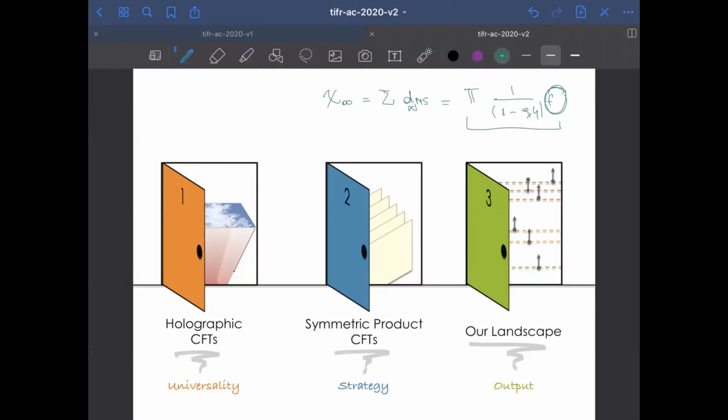So let's say I give you a supergravity theory in AdS3. Would you be able to distinguish between the ADEs just by looking at the massless spectrum? Yes, I think I will.